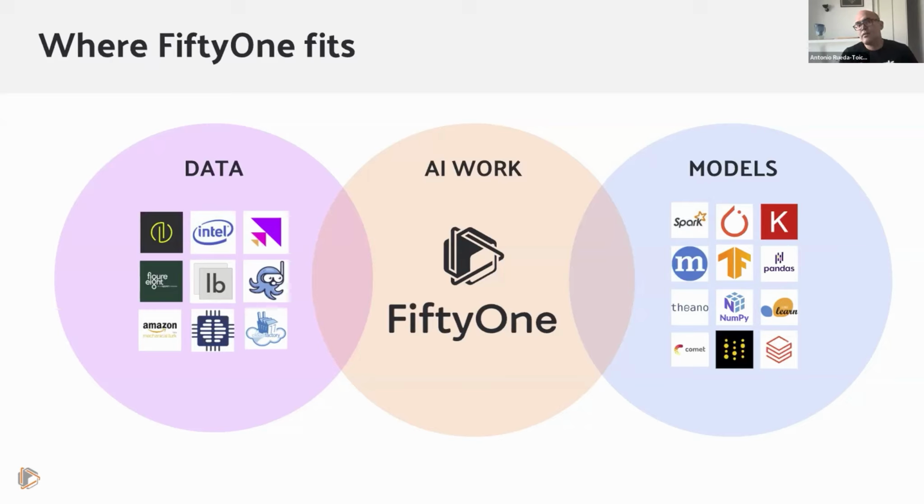We not only have the free open source version, we also have an enterprise version that integrates with AWS, Google Cloud, Azure, so that you can put billions of data points into FiftyOne and have things like Kubernetes manage the scaling for your workflows. So there are two versions of the FiftyOne product.